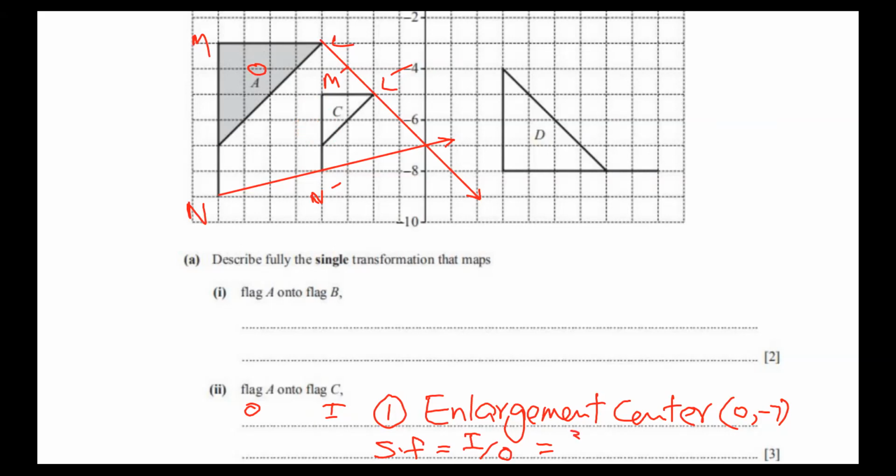So 3 divided by 1, 2, 3, 4, 5, 6 boxes. So 3/6 gives you half. So Alhamdulillah Rabbil Alameen, you got 3 marks for finding the enlargement scale factor even. Okay, this point is very, very clear. And 3 marks gained up till now. That concept is very clear. And let's go for the next point.